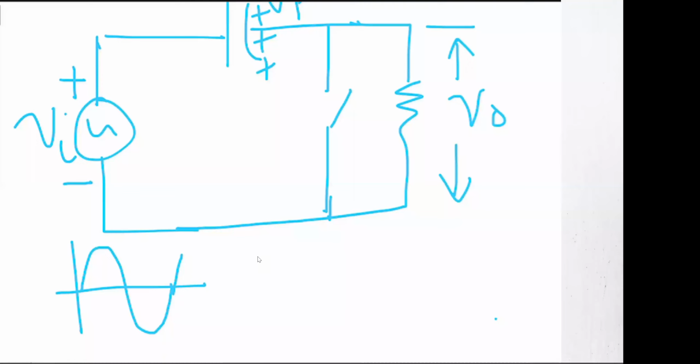Are you with me? Yes, sir. Once the diode became reverse biased, it has no role to play within the circuit as long as the input voltage source is in the positive half cycle, right?